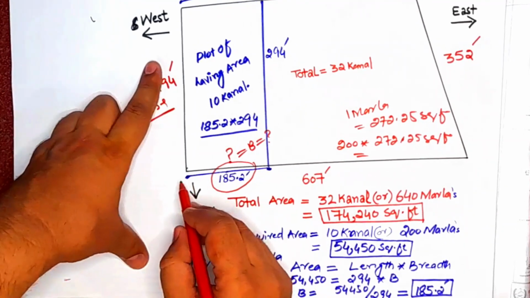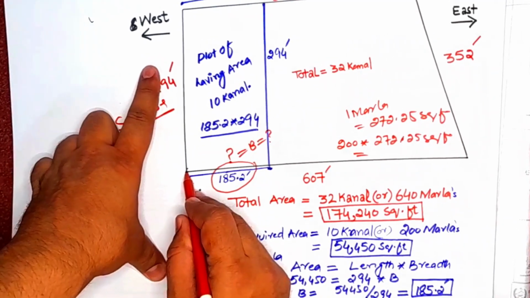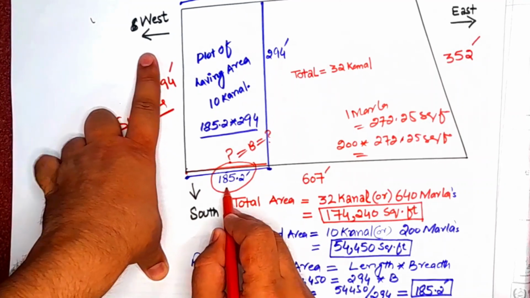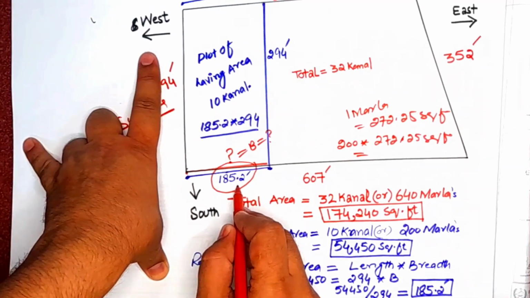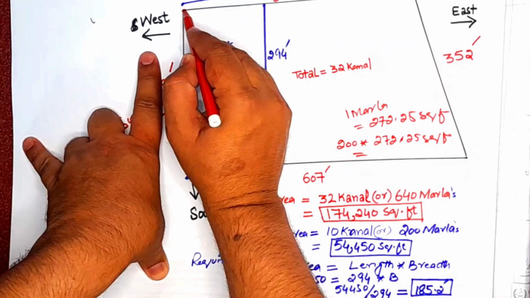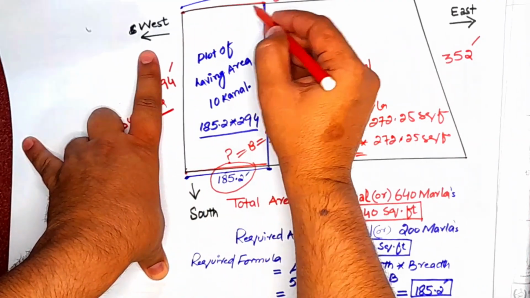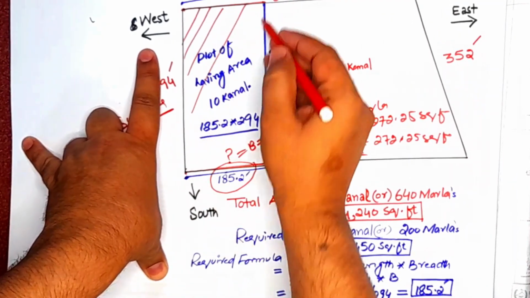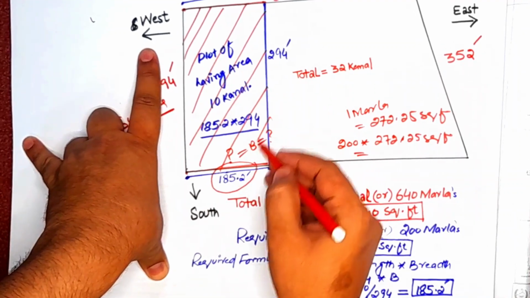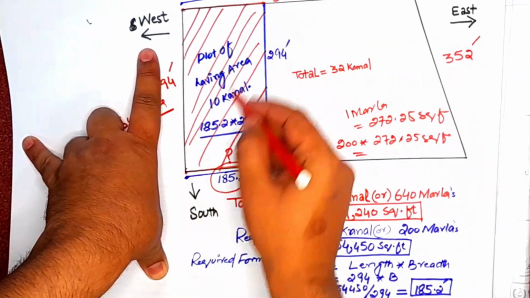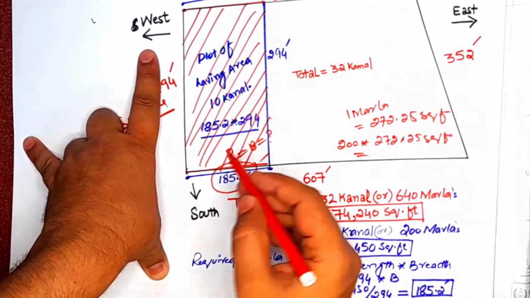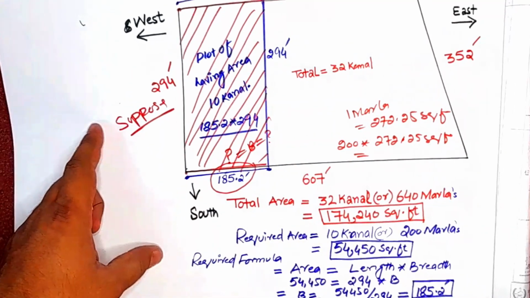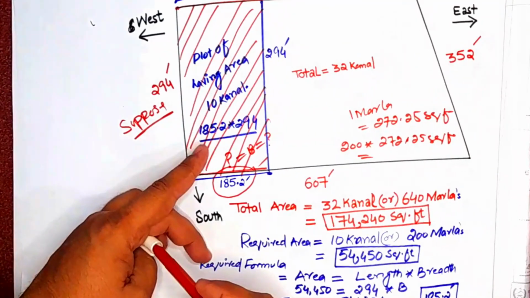We can measure from this point the total length of 185.2 feet, and also from this point. So this area is our 10 canal, and we can find the total area with the help of this formula.